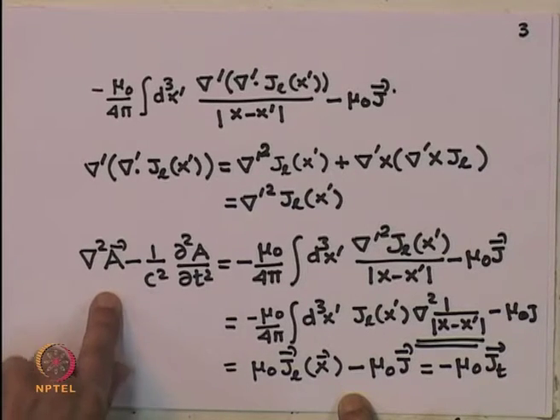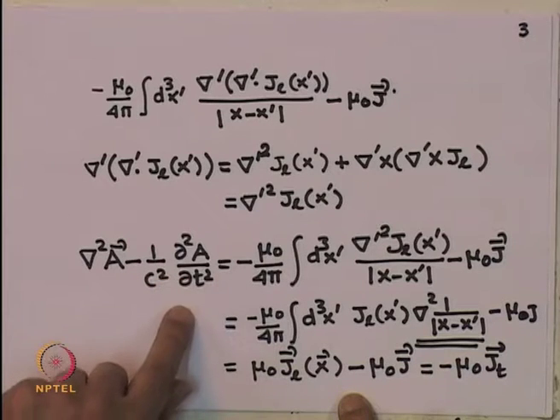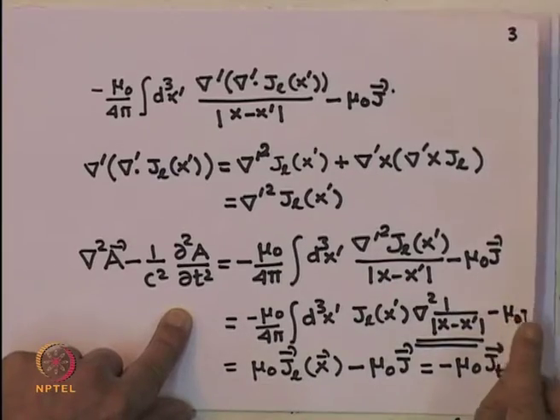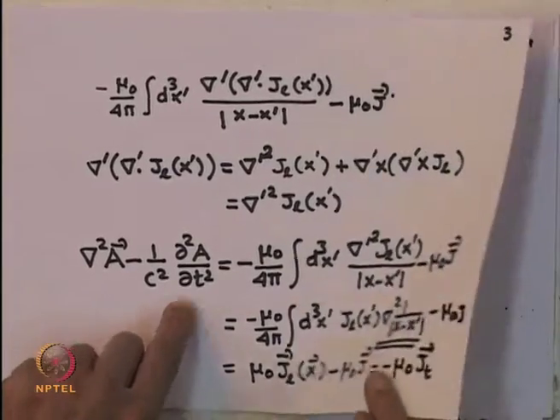So, we have del square A minus 1 over c square d square A by dt square is minus mu 0 times the transverse current in the problem. In other words, we have succeeded in Coulomb gauge also to decouple these equations. So, that is a comment on the gauge invariance and a discussion of two important gauges.